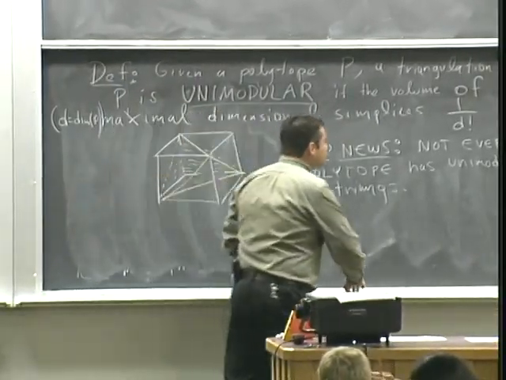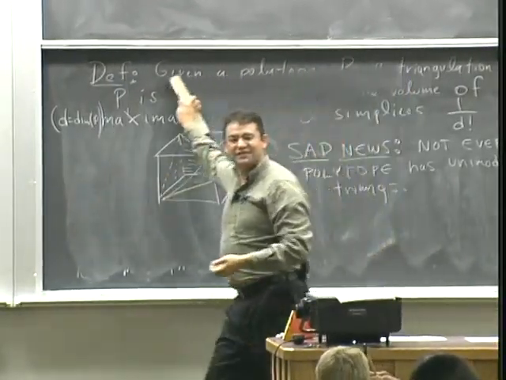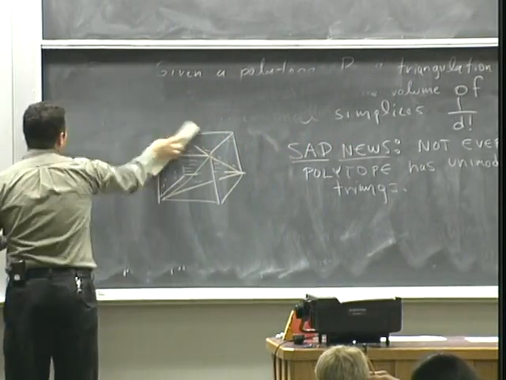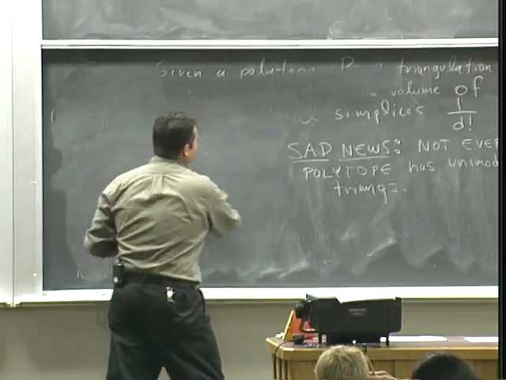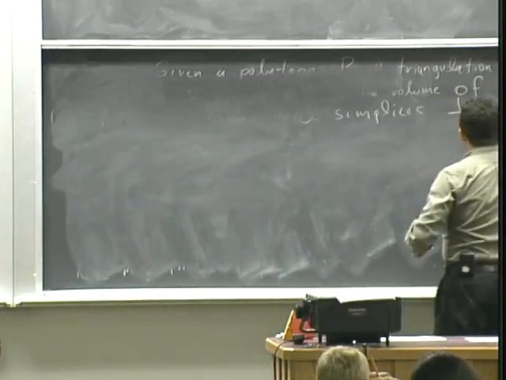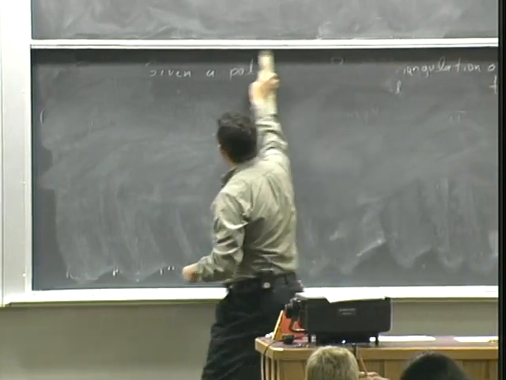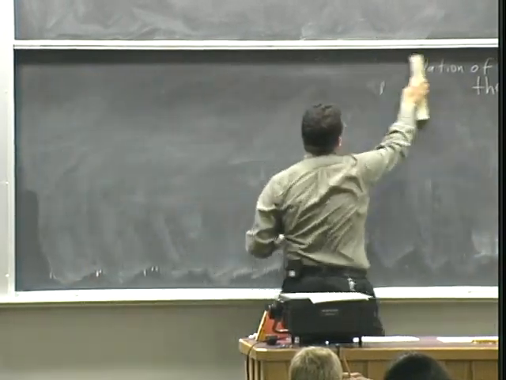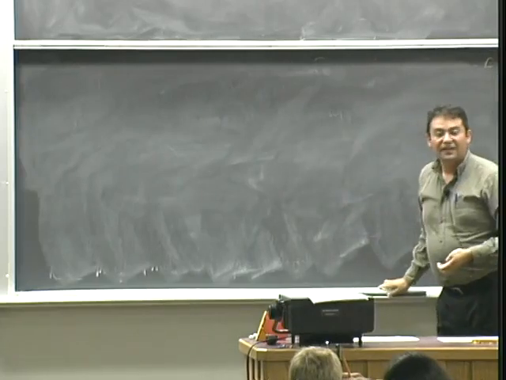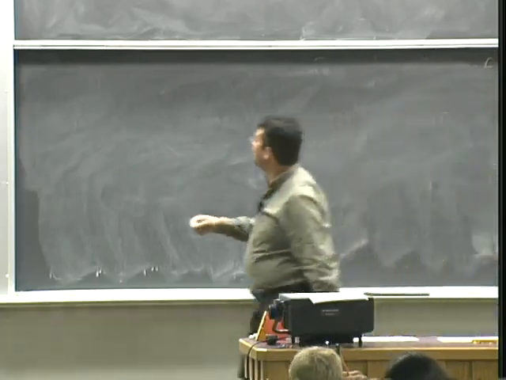Now I'm going to state Greenberg's problem. Peter Greenberg was an American mathematician who died very young, but he managed to prove the following thing.